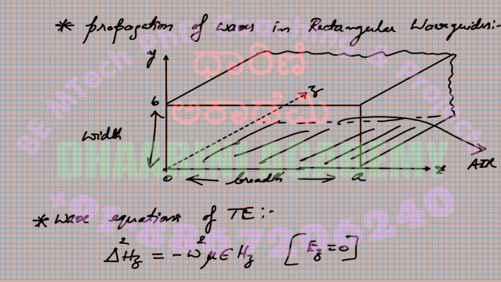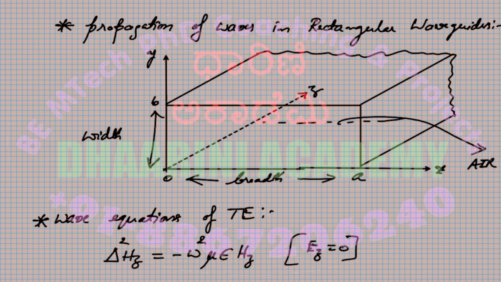There is no Ez. So for all the four planes, I'm trying to put the same boundary condition, but I'll slightly modify it according to the coordinate system. There is some fixed value of x over there, fixed value of y over there, etc. You will come to know in some time.